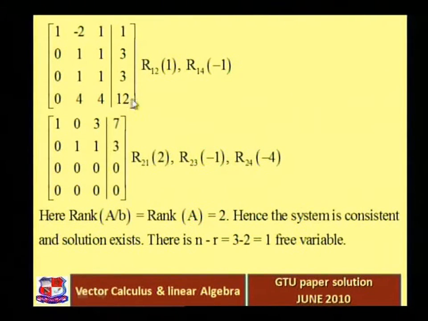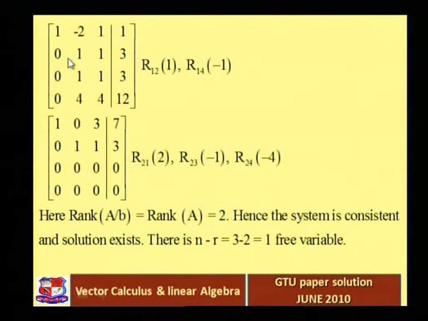Now the next process is we are multiplying the second row with minus 1 and adding into the third row. Also we are multiplying the second row with minus 4 and adding into the fourth row, and then multiplying the second row with 2 and adding into the first row. So here is our new matrix. First of all we are multiplying the second row with 2 and adding into the first row.